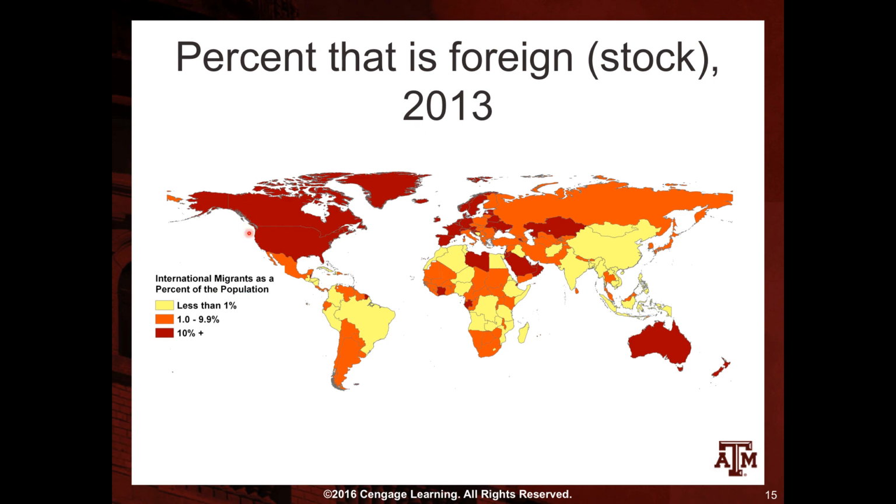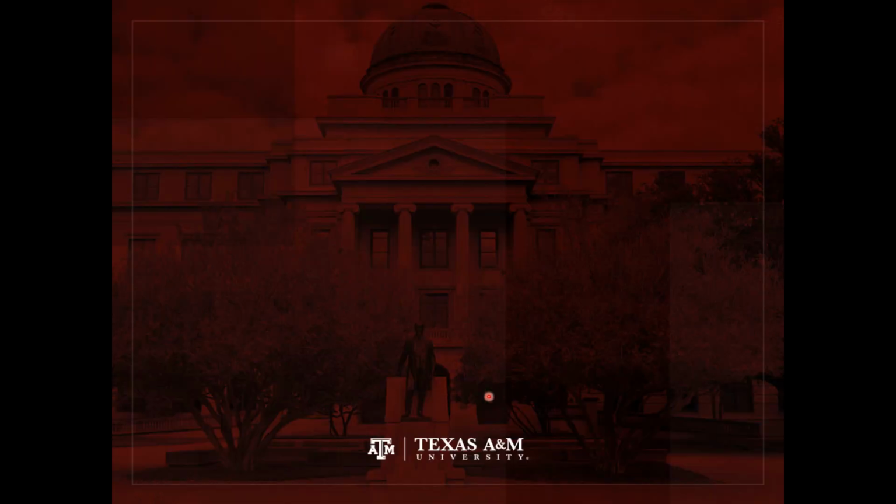So it shows that the US, Canada, some Western European countries, countries in the Middle East as well, and Australia have high levels of immigration, with a stock of immigrants in 2013 equal to at least 10% of the overall population.